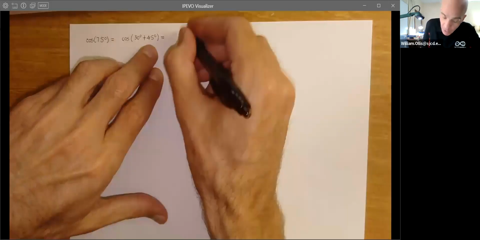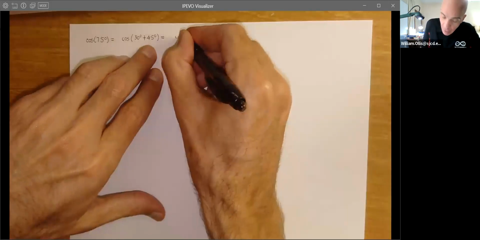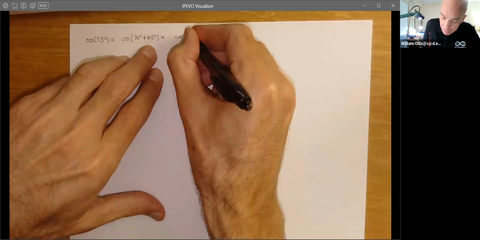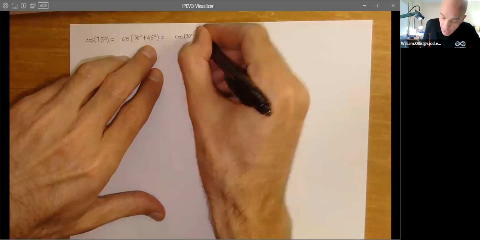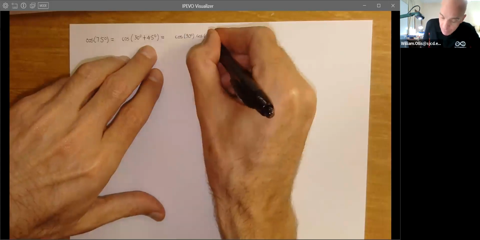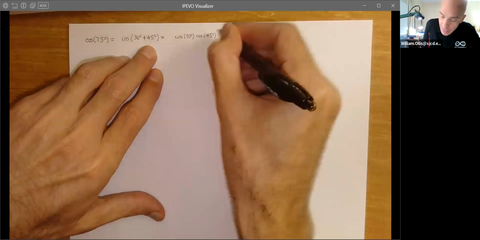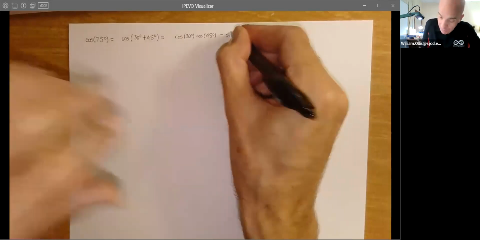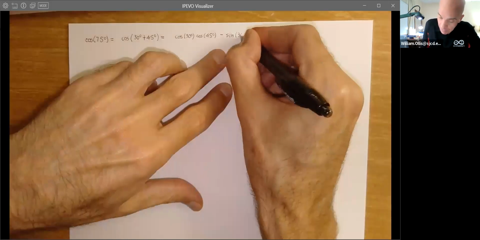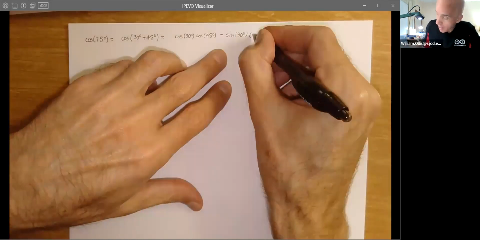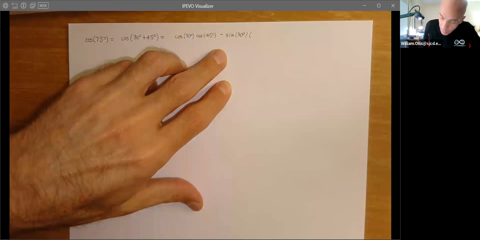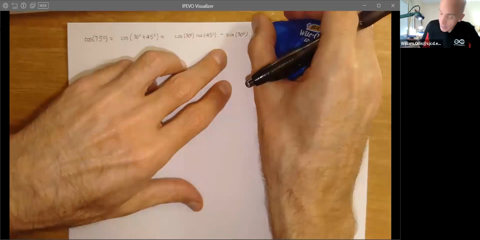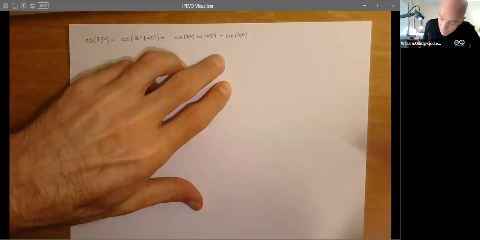So now we'll have cosine 30 degrees, cosine 45 degrees, minus sine 30 degrees, and then sine 45 degrees.